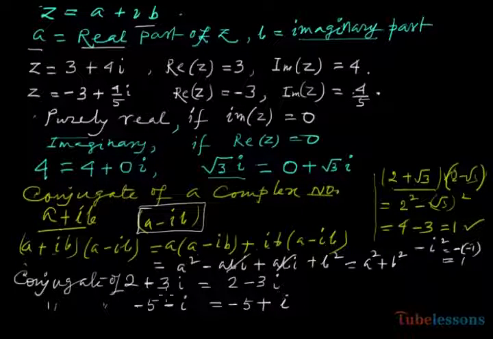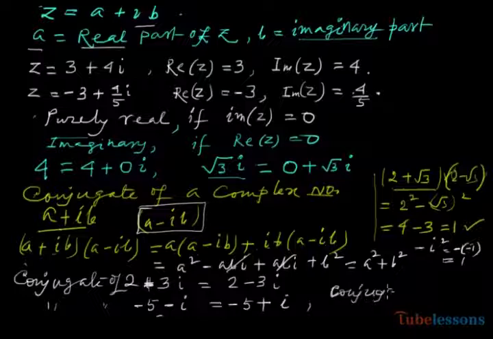So we change only the imaginary part, no change in the real part. The conjugate of i is, yes, minus i.